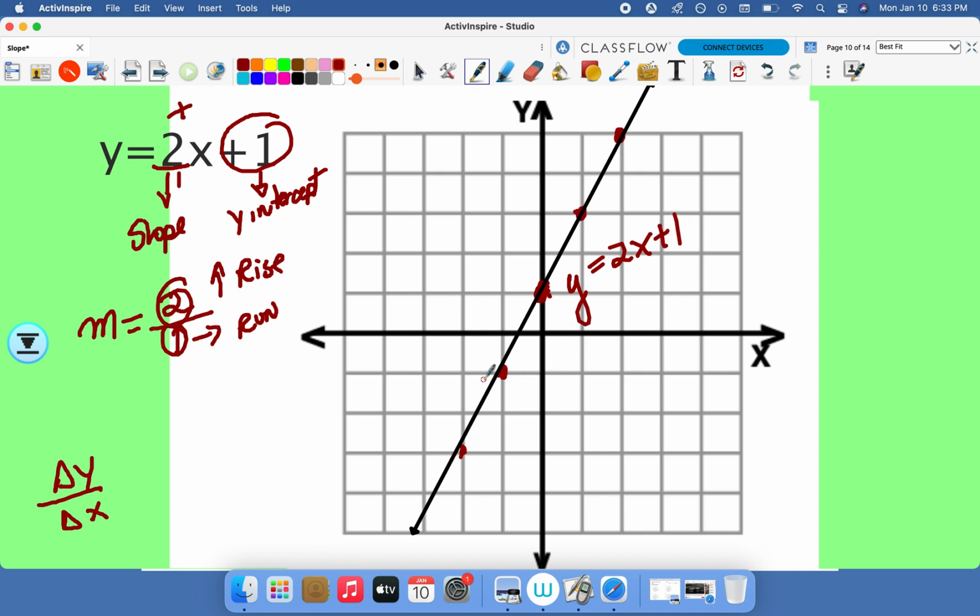Now pick any 2 points on this line, any 2 points. So let's pick this point right here, and let's call that f. That point looks like 2 and 5, and we'll call that (2, 5). Let's pick another point right here, and let's call that g, and that point is (-1, -1).